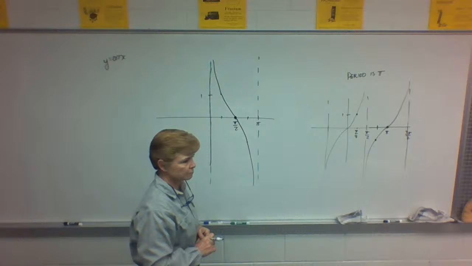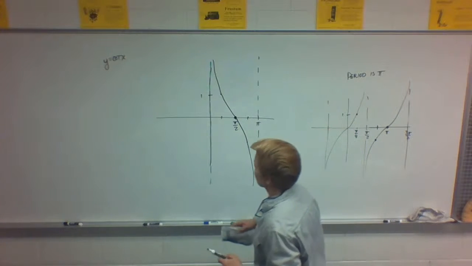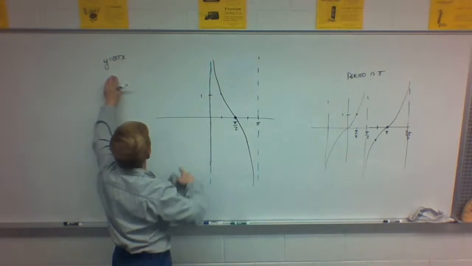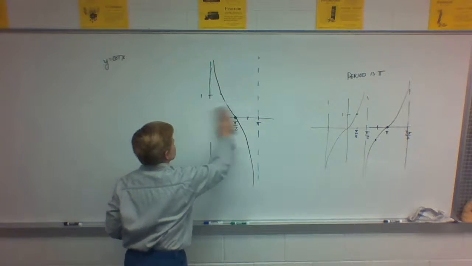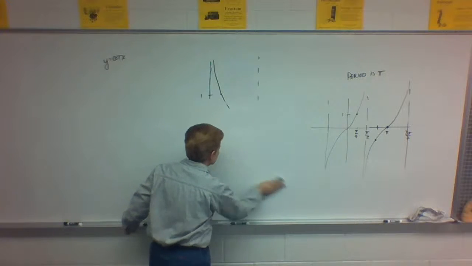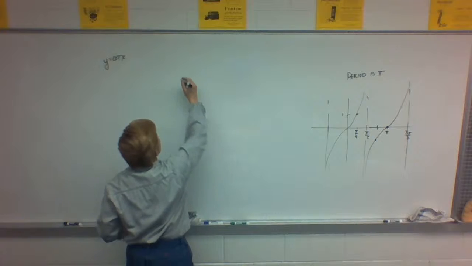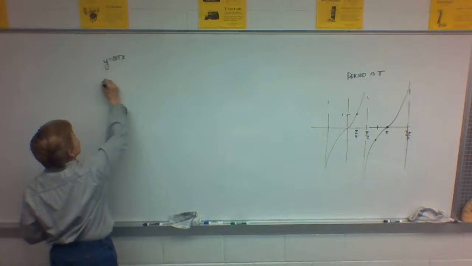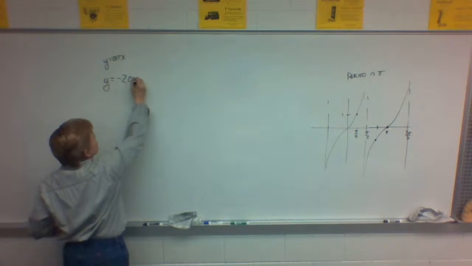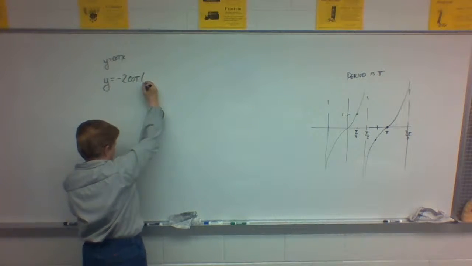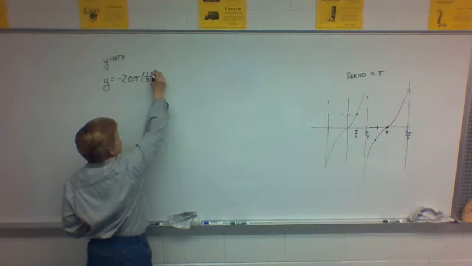Y'all following? Okay. So let's see if we can graph, with these details, the transformation of that. So I want to graph y equals negative 2 cotangent of 1/3 x.